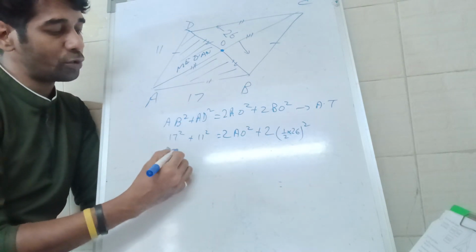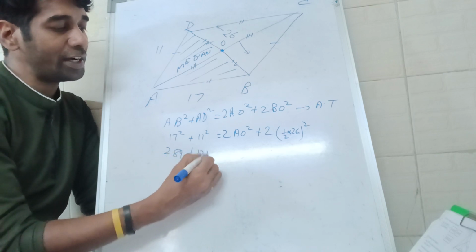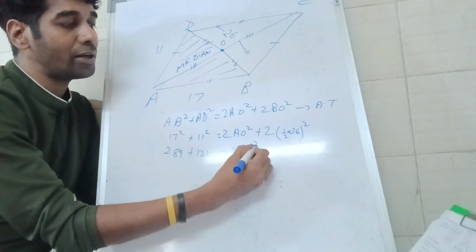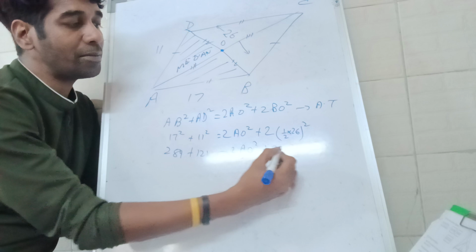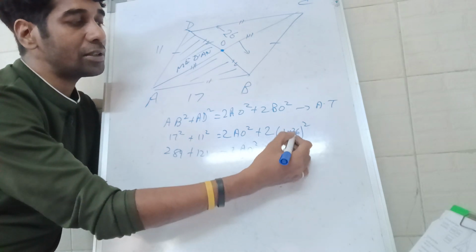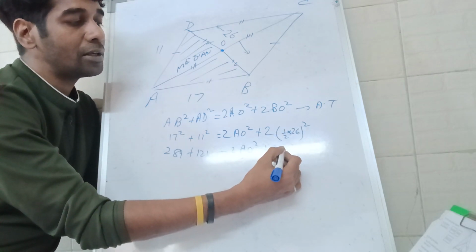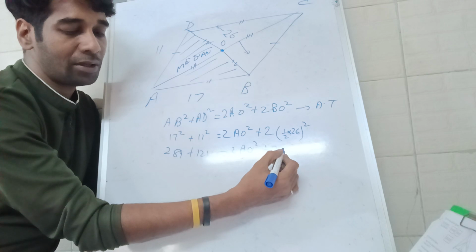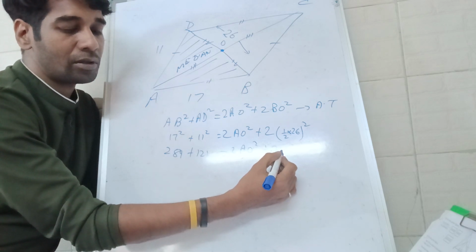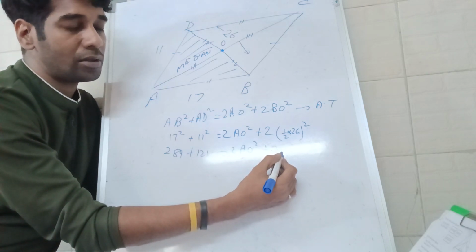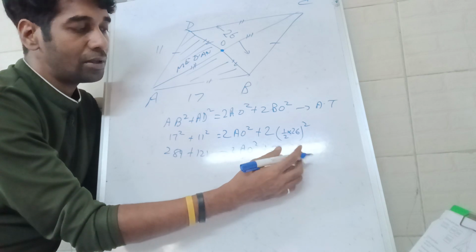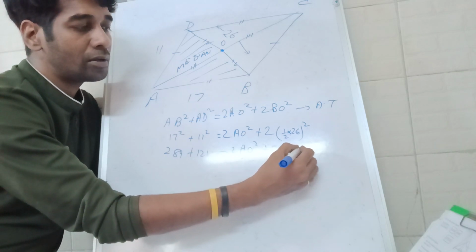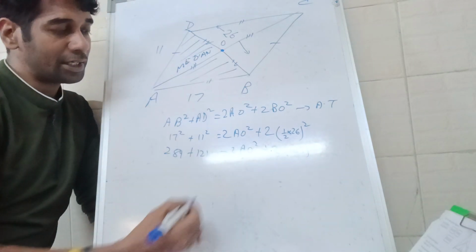Solve this, this will become 289 plus 121 is equal to twice AO square plus 2 times 13 square, that is 169. 169 into 2 will give me 338.